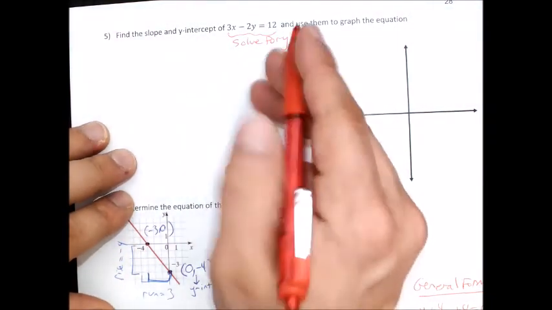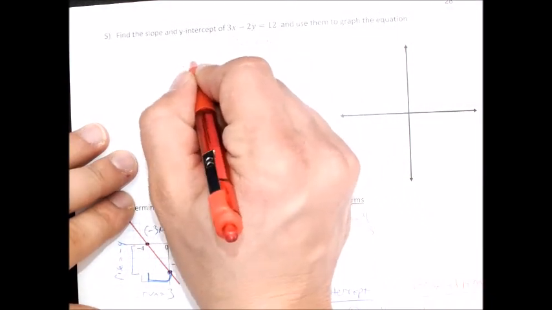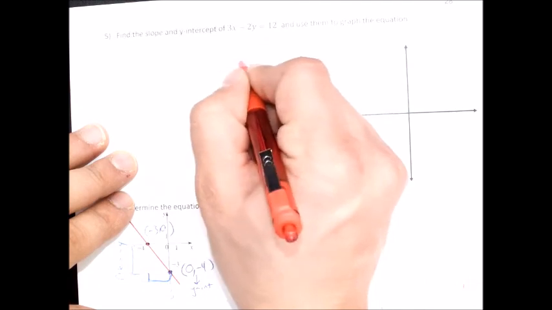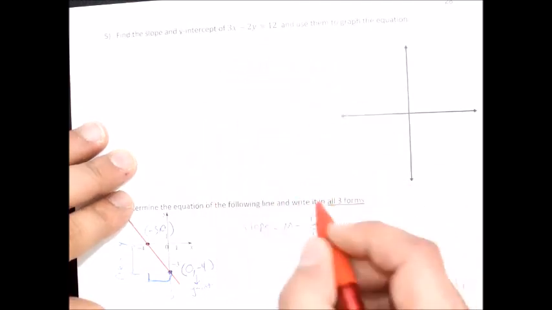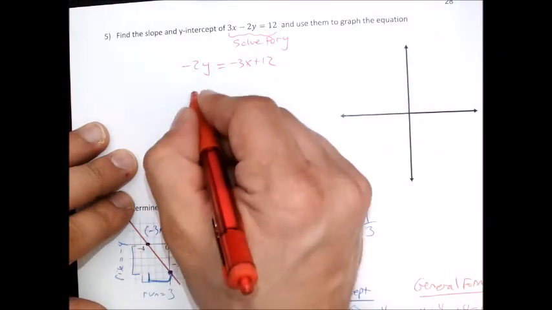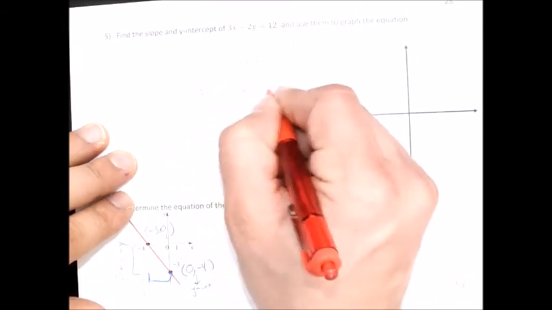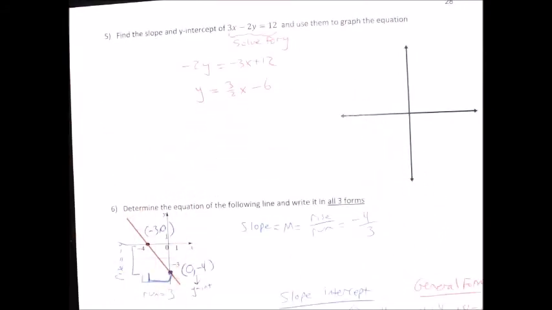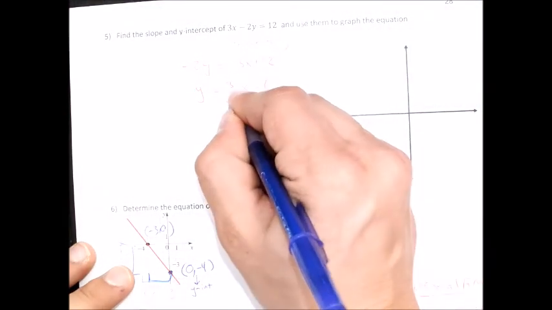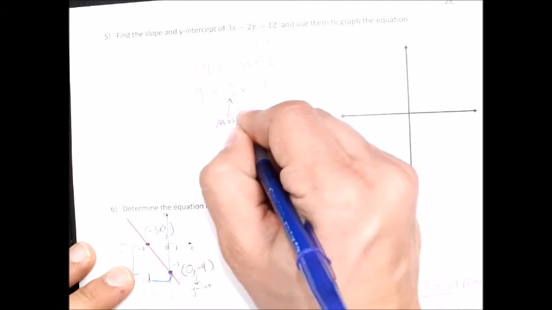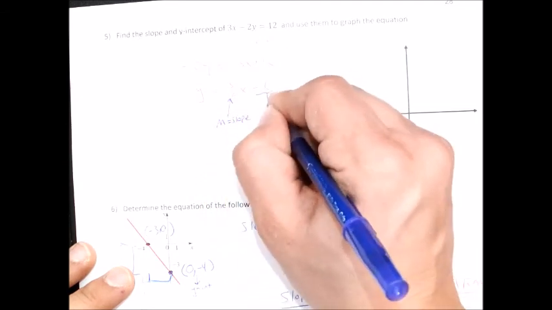And so if I solve for y, we would get minus 2y equals minus 3x plus 12, right? I subtract the 3x over, and then we divide by negative 2, and we'll get y equals 3/2 x minus 6. And so I wanted to do that because now here's my slope, and here's my y-intercept.